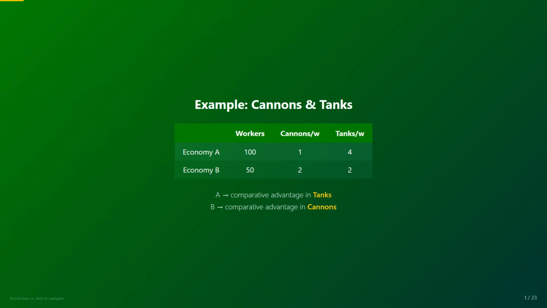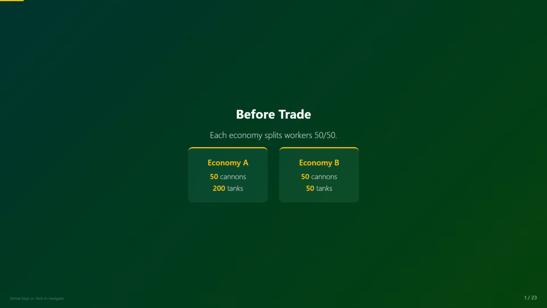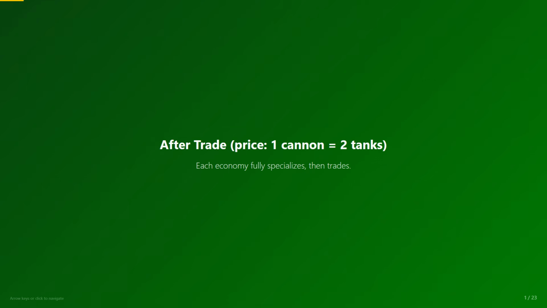So economy A's production and consumption point is 50 cannons and 200 tanks. Economy B has 50 workers, each worker can produce 2 cannons or 2 tanks. In total, the economy can produce 100 cannons or 100 tanks. When resources are allocated evenly, economy B's production and consumption point is 50 cannons and 50 tanks.